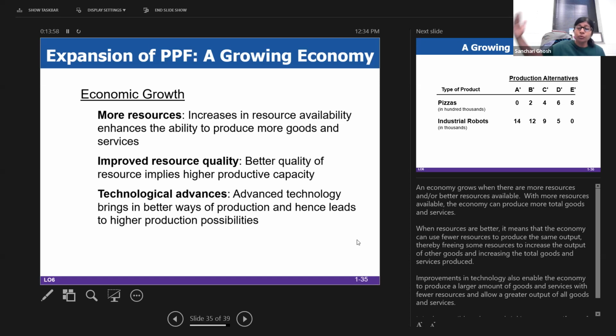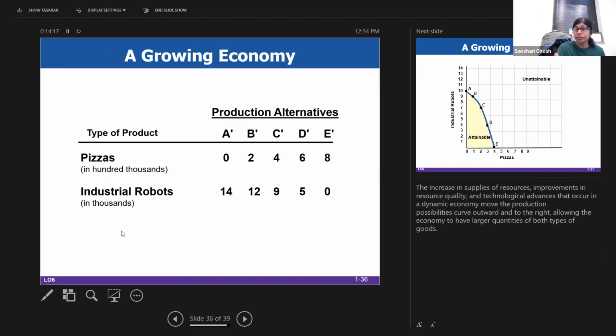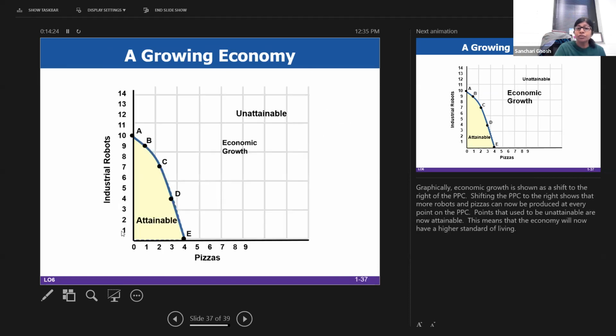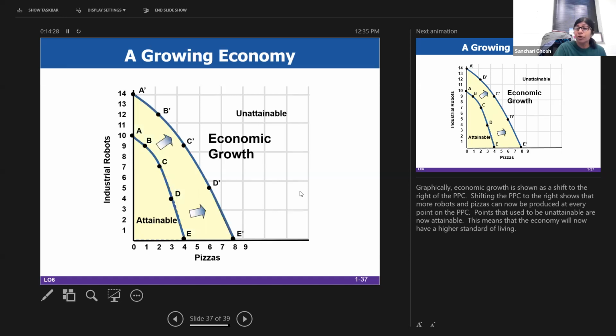So the growing economies like China, Russia, India, etc., are going over that phase where they can improve on their growth factor based on these points: resource quality, technological advance, more resources, more human capital, for example, to spend on your production possibilities frontier and move the frontier out. So this is the same frontier we saw in the last example, except we can push this frontier out and go to the unattainable position by having economic growth.